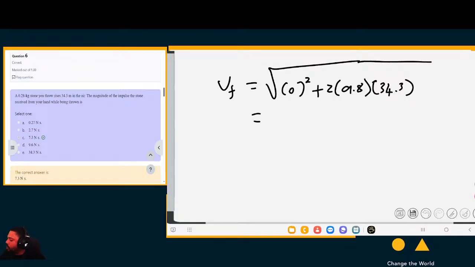And if you were to work it out, 2 times 9.8 is 19.6 times 34.3. The square root of that gives you about 25.9. Is it 25 or 35? Let me just check.